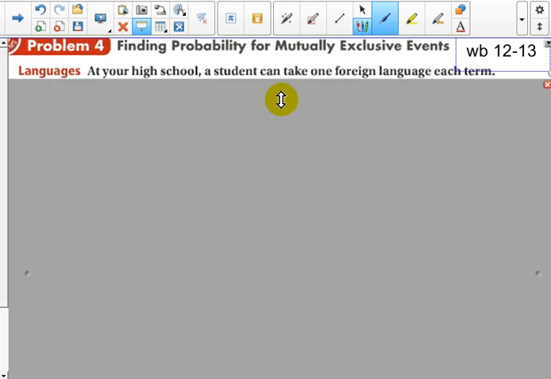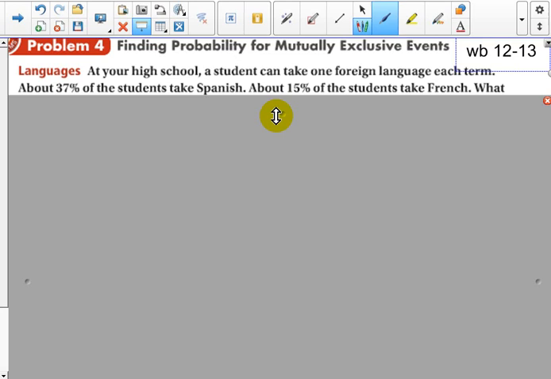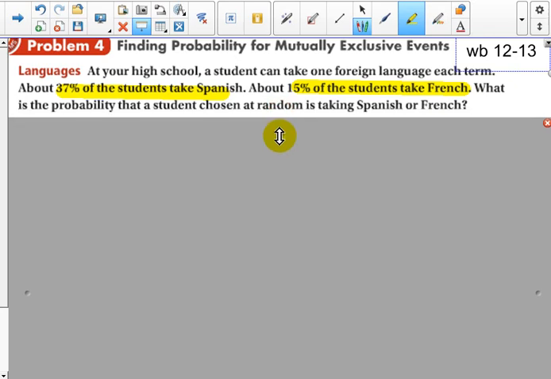So it says, at your high school, a student can take one foreign language with each term. About 37% of the students take Spanish. About 15% of the students take French. What is the probability that a student chosen at random is taking Spanish or French?